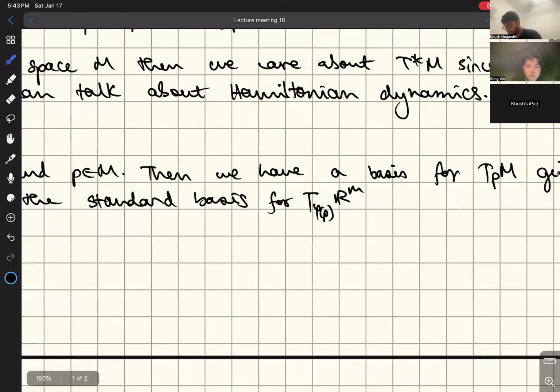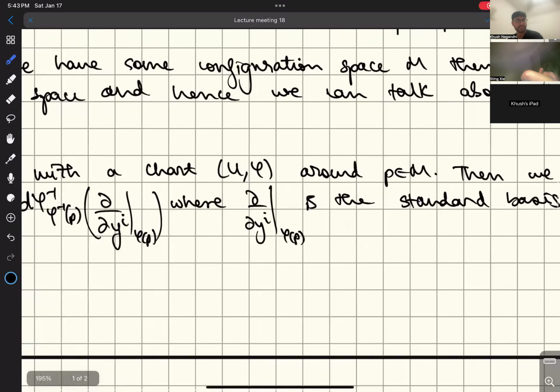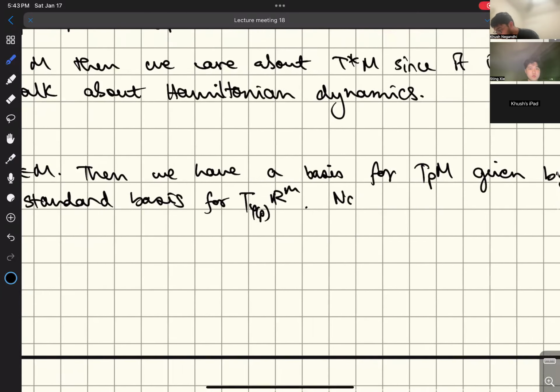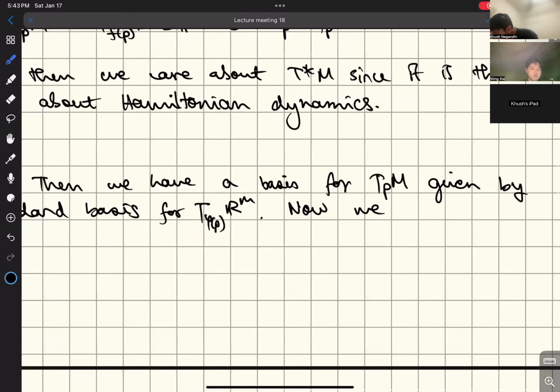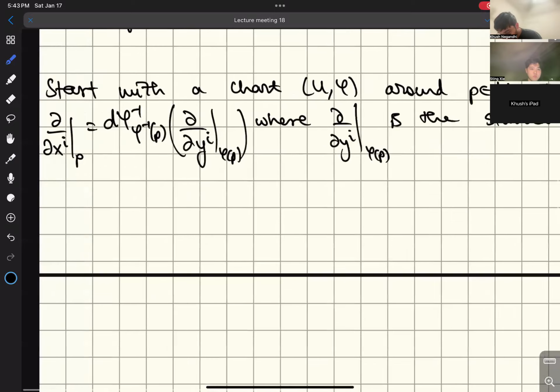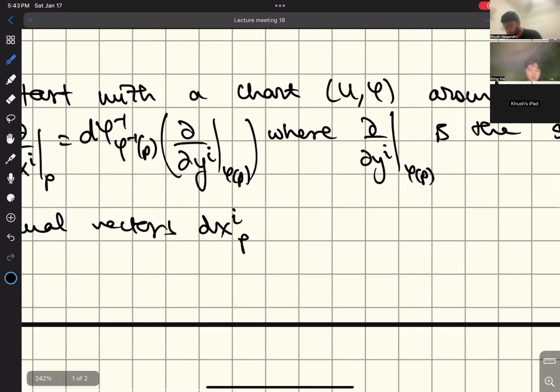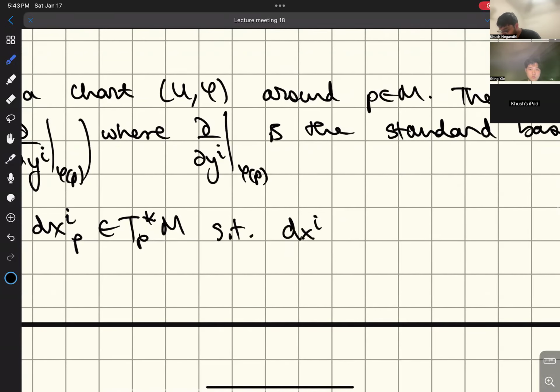Okay. So now what we're going to do is define these one forms. Sorry, not one forms, I shouldn't call them that. We'll define the dual vectors of this basis, and we'll call them dx_i at the point P. They'll be in T_P star M such that dx_i at P of partial x_j at P is just delta ij.